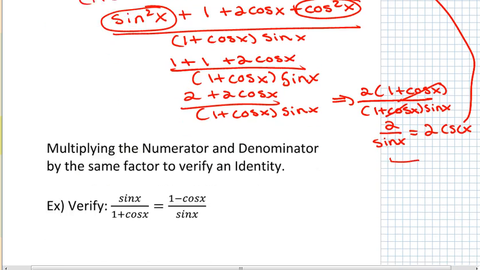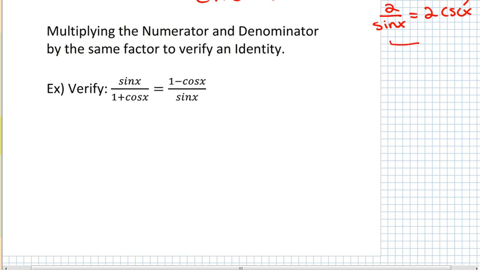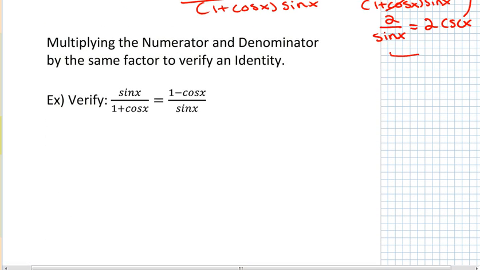Alright, so the next method here, let's say, because we've talked about that we need to change things from sine to cosine. Well, if you look at this problem here, it's already changed into sines and cosines. So I can't really do that.